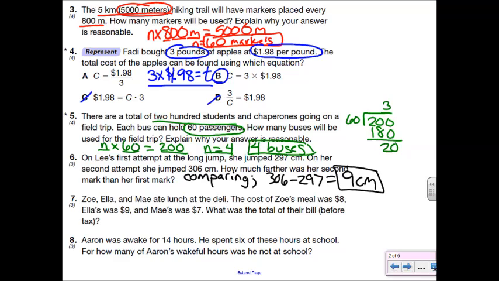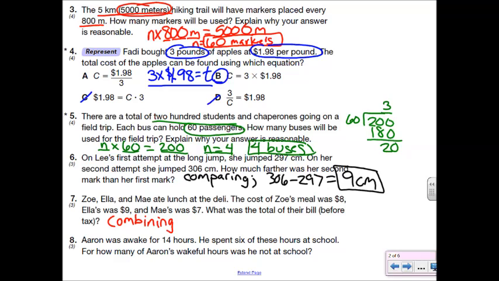Zoe, Ella, and May ate lunch at the deli. The cost of Zoe's meal was $8, Ella's was $9, and May's was $7. What was the total of their bill before tax? So this one, they're asking us to put all of those costs together. That's the combining plot.